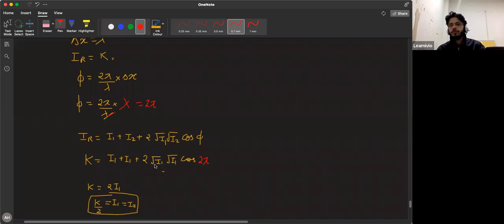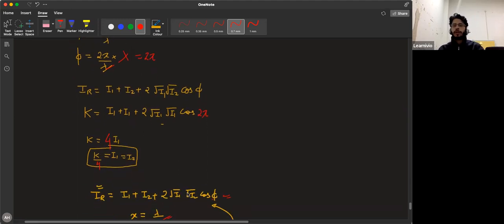Cos 2 pi is 1. So this is 2I1 plus 2I1, which is 4I1. This is K. I1, I2, both are equal to K by 4.